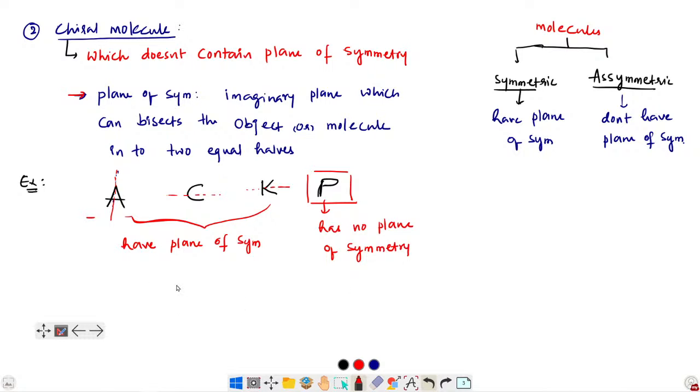So do remember, chiral molecules are always optically active, because no plane of symmetry.